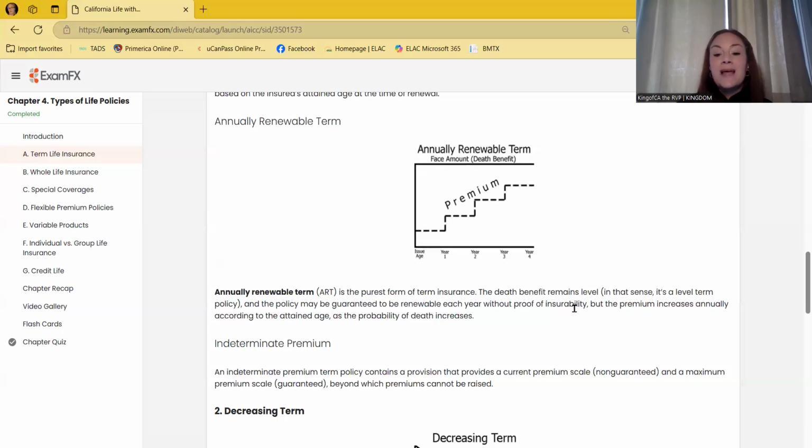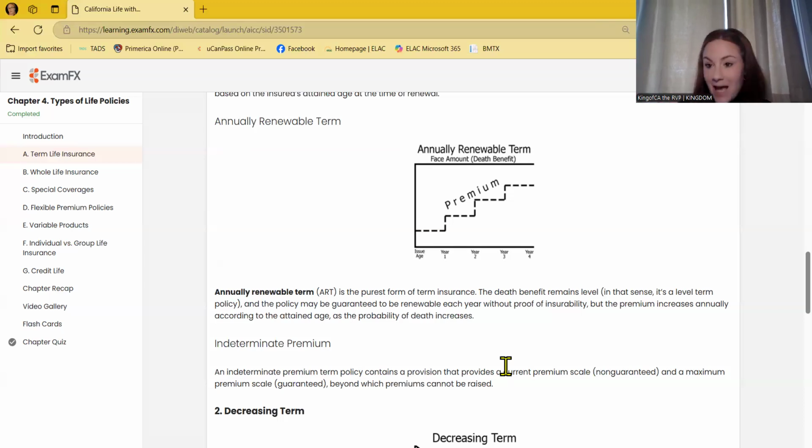Okay, so the death benefit remains level, meaning it's not going up, it's not going down, right? It's level, the death benefit, but our premiums are going to get more and more expensive the older and older we are. Okay, every year that the policy goes on, it will tack up just a little and just a little and just a little.